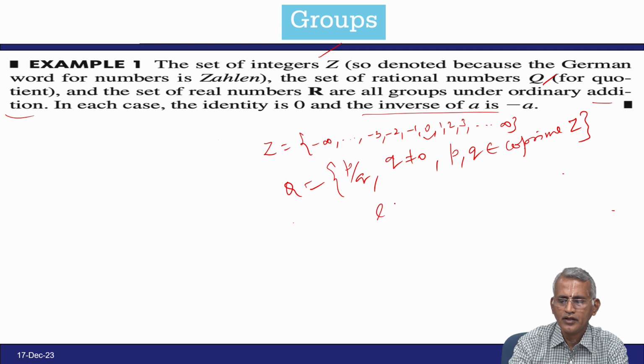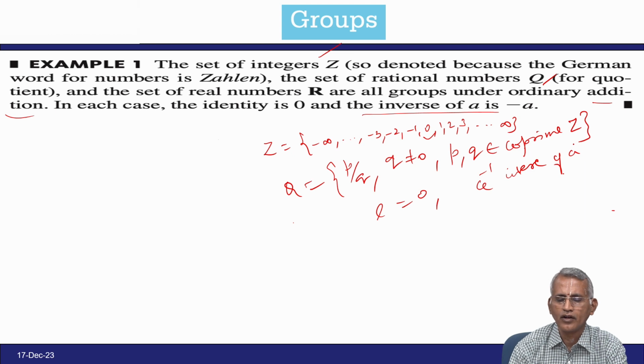Obviously here e equal to 0, and the inverse of each element can be written. Similarly for the reals, we have e equal to 0 and corresponding inverses of each element, and it satisfies all 4 properties, then we say that it is a group.